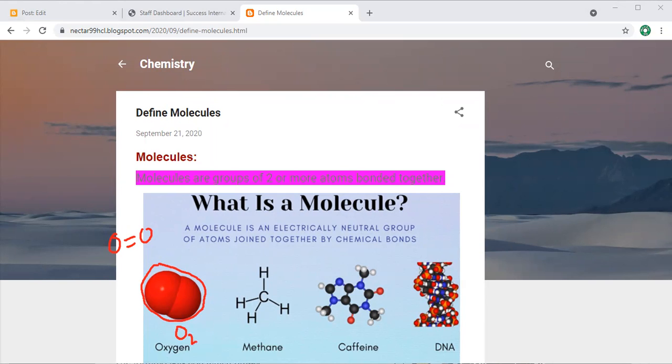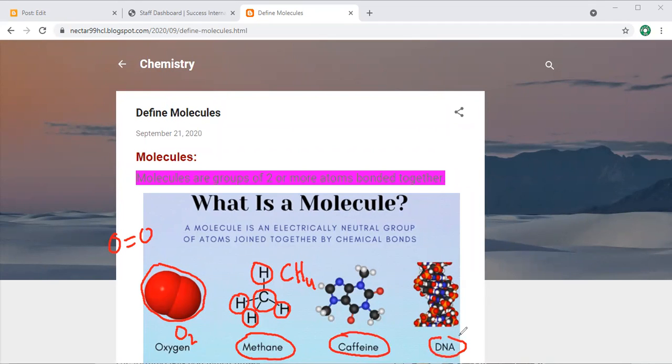The next formula is methane, CH4. 1 carbon atom makes a bond with 4 different hydrogen atoms, and you write it like this, CH4. The next formula is caffeine, and the last one is DNA.